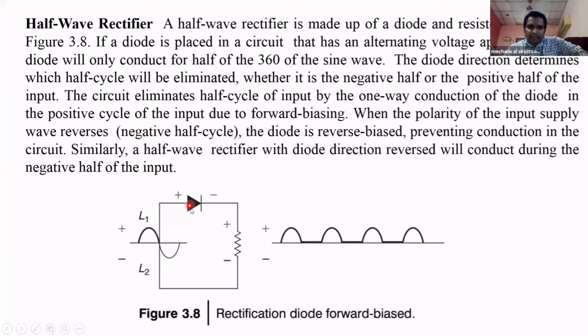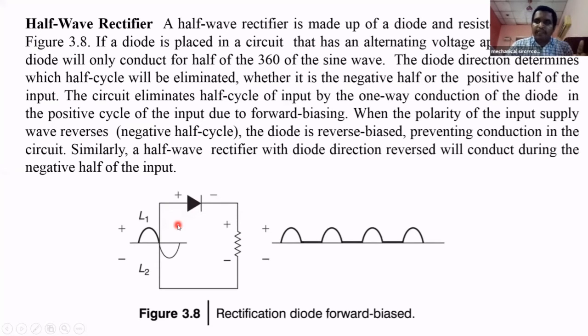If you see in this direction, the diode is forward biased, meaning it allows current from left to right. If it is connected in the reverse direction, it is reverse biased, meaning it does not allow current from right to left. So the diode allows current in forward biasing only, not in reverse biasing.